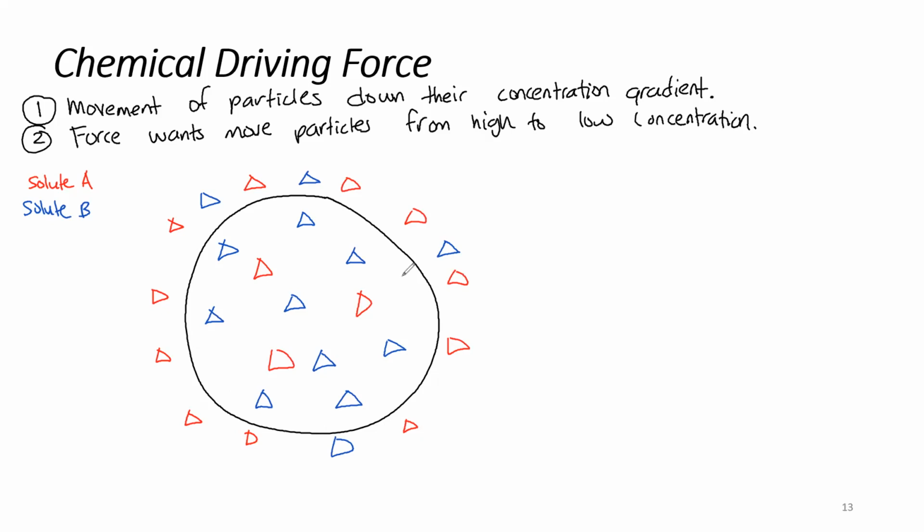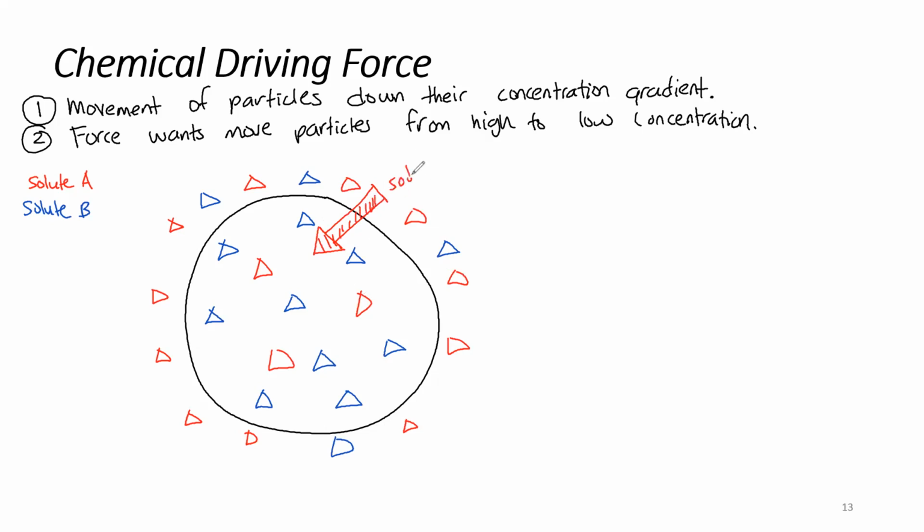Into the cell? Into the cell, perfect. So we can draw our arrow here, showing that directional movement. This is the chemical driving force of solute A trying to move it into the cell. Okay.